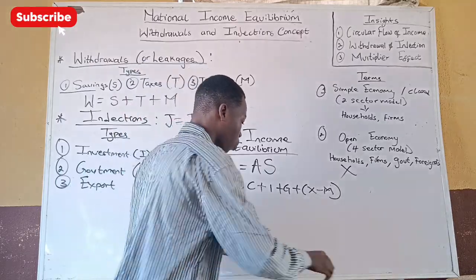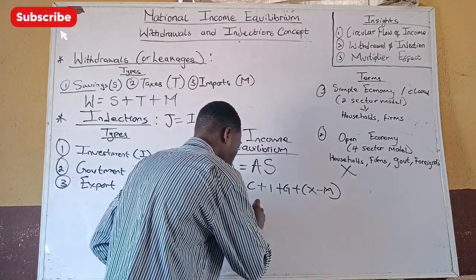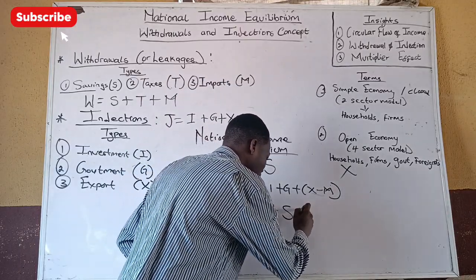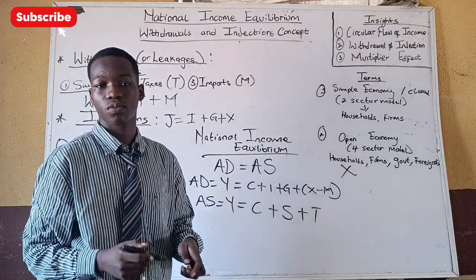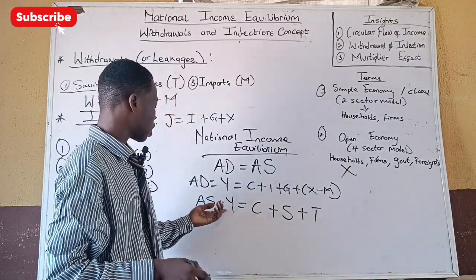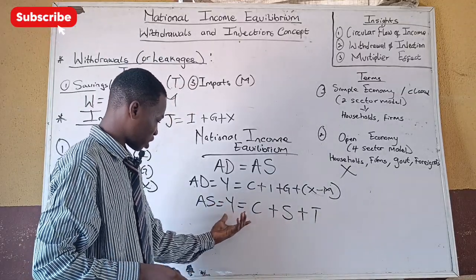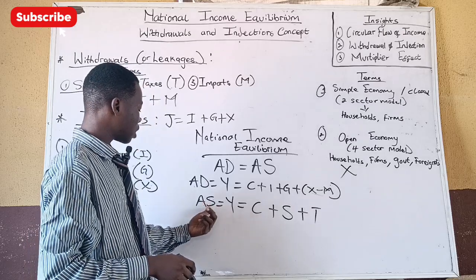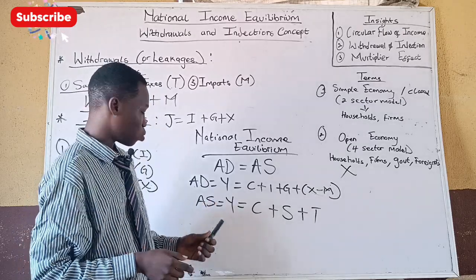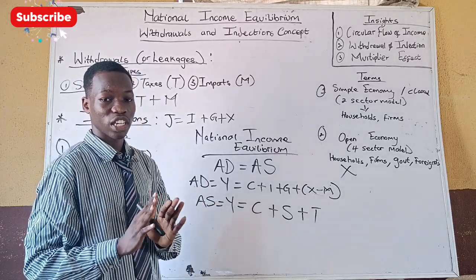So your income is made up of three things: consumption, saving, and tax. And as we know, your income is equal to Y, and is also known as aggregate output, which is the aggregate supply. Do you get my point now?